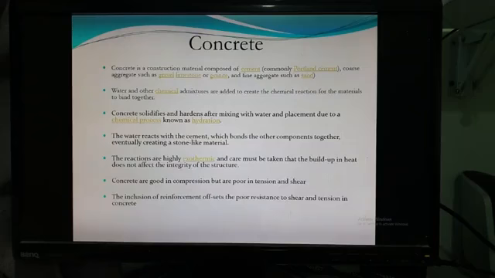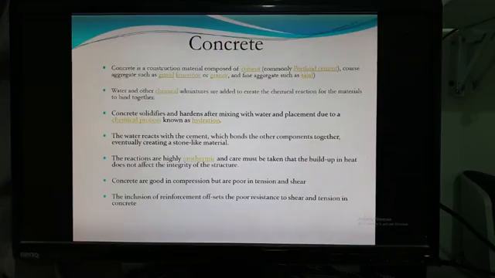We can use limestone, we can use granite, and fine aggregate usually is sand. Sand here, we are talking about river sand. We are not usually keen on using sand from the beaches of the sea due to the presence of salt.